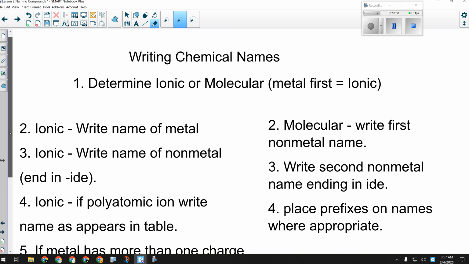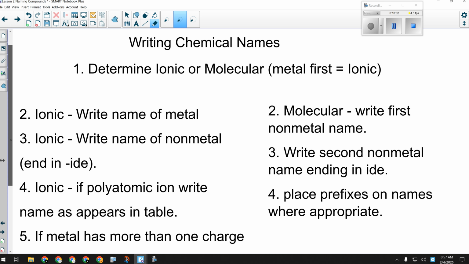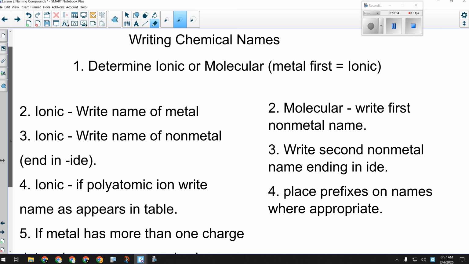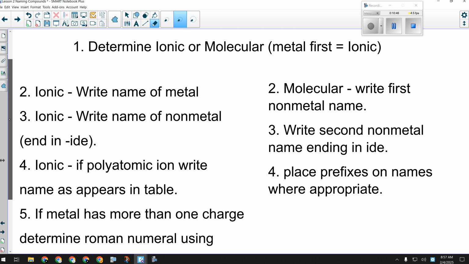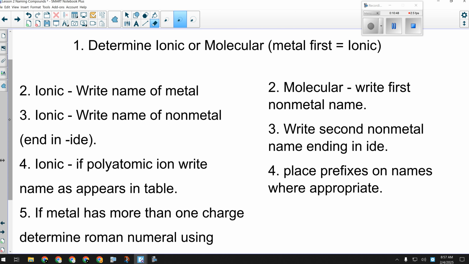All right, so just in case you like having a set of rules to follow at least initially, these are kind of the steps that you can follow for writing chemical names. So that would be I give you the formula and you need to write the name. We've reviewed those already, but in case you like having those, the first step is to determine if it's ionic or molecular. The second step, if it's ionic, write the name of the metal.